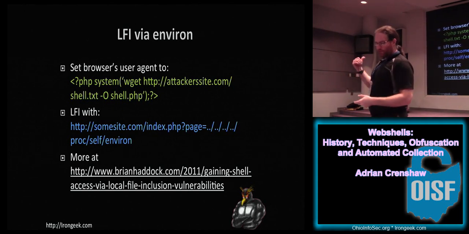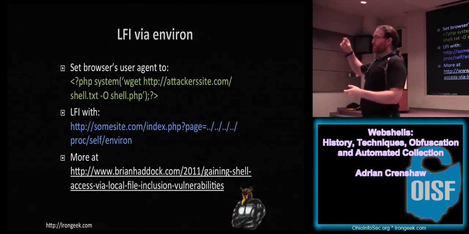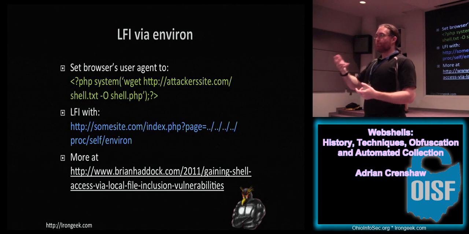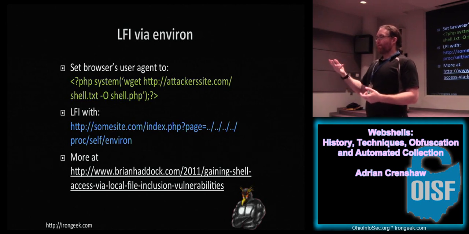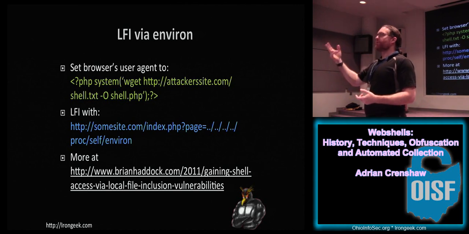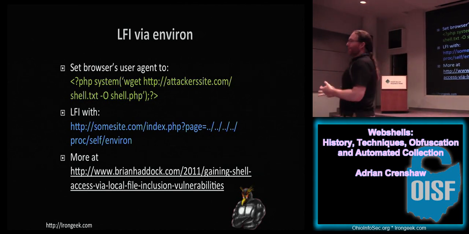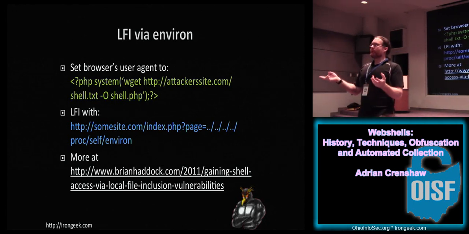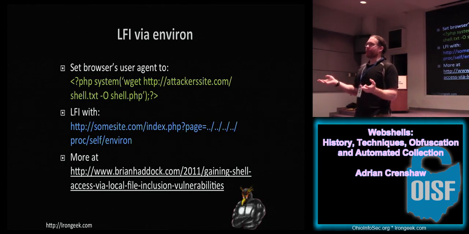Also, sometimes you'll see, instead of just self-environ, a %00 on the end. That's null termination. One of the things I do on my site is everything automatically has .htm tagged to the end of it, so that people can't arbitrarily choose files. Well, what people started to do, who here is familiar with a null terminator?